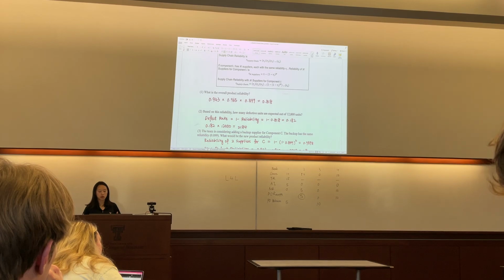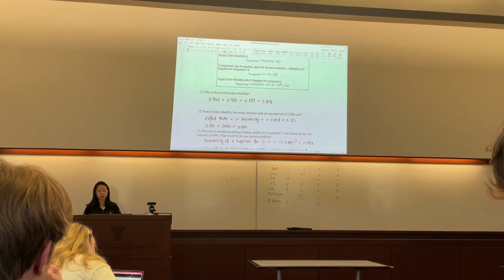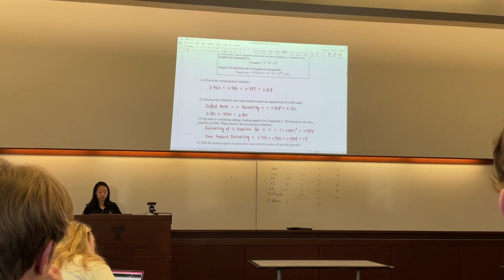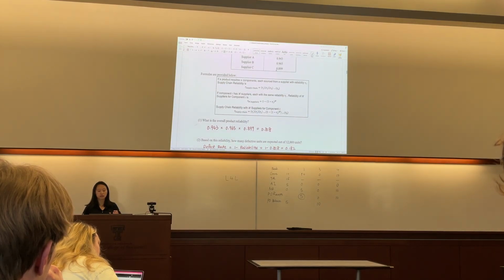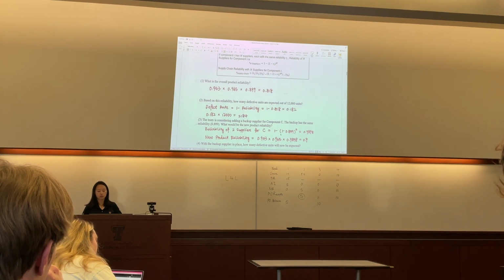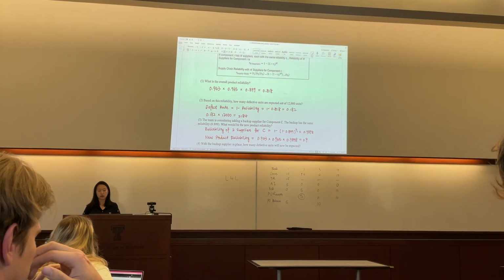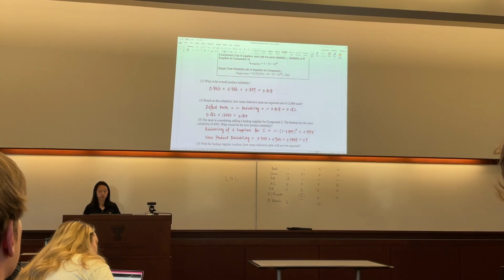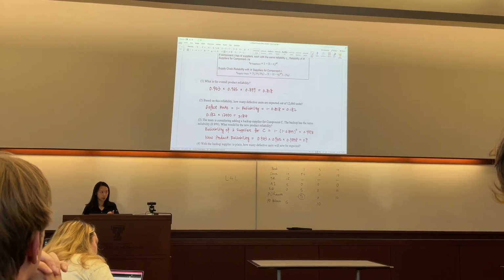So basically, you take 1 minus parenthesis, 1 minus the reliability of that component to the power of the number of suppliers. So here, for component C, the reliability is 0.899, right? So you take 1 minus parenthesis 1 minus 0.899, and we have 2 suppliers for this component, so to the power of 2 to get the reliability of that component.